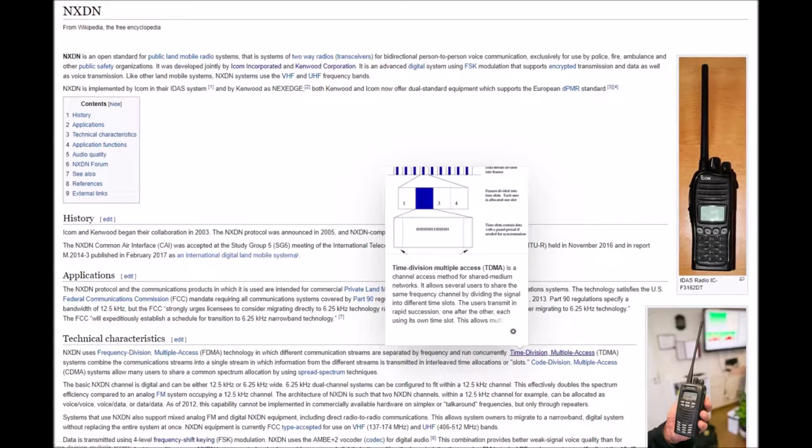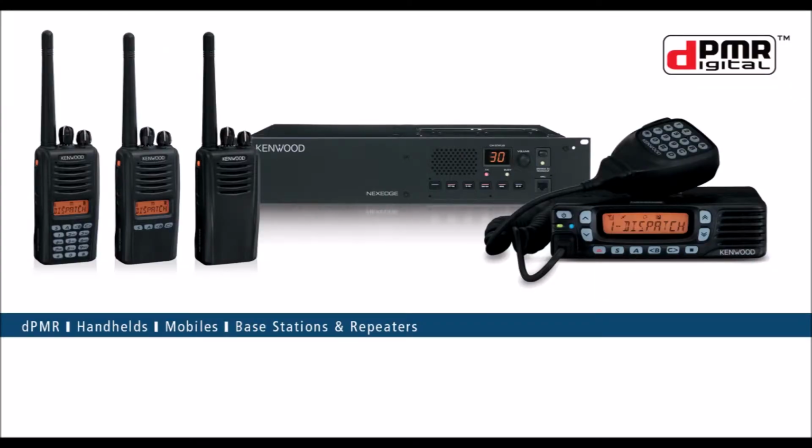Both Kenwood and ICOM now offer dual standard equipment which supports the European DPMR standard. ICOM and Kenwood began their collaboration in 2003. The NXDN protocol was announced in 2005, and NXDN compatible products first appeared in 2006.